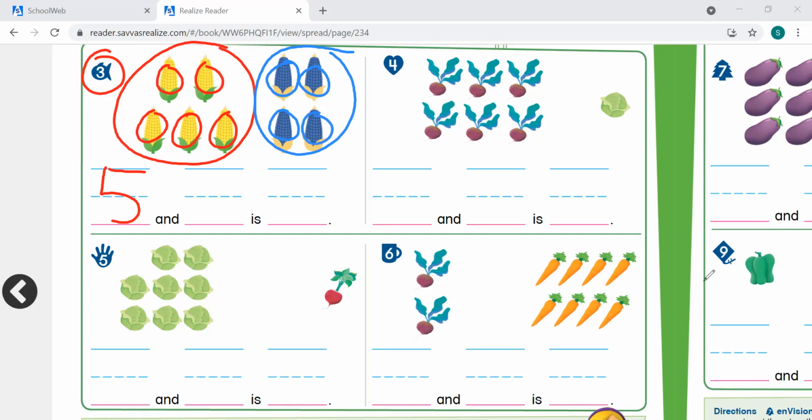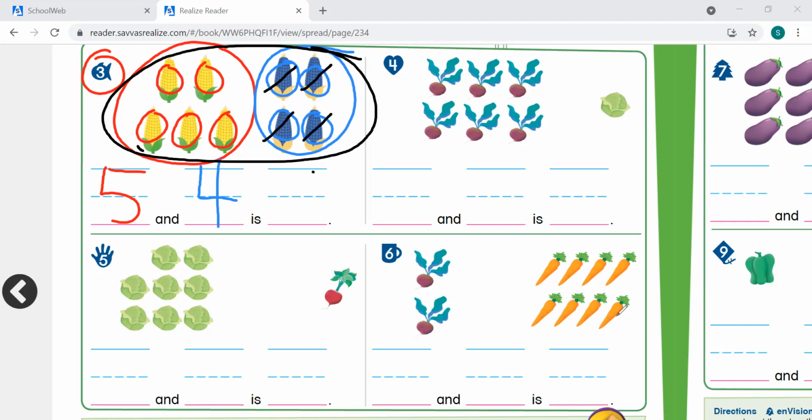So let's write in our addition sentence 4. We have 2 groups. We want to put our 2 groups together. So let's put a circle around both groups. 5 and 4 is, so we know we have 5 in our first group. 5, 6, 7, 8, 9. So our addition sentence is 5 and 4 is 9.